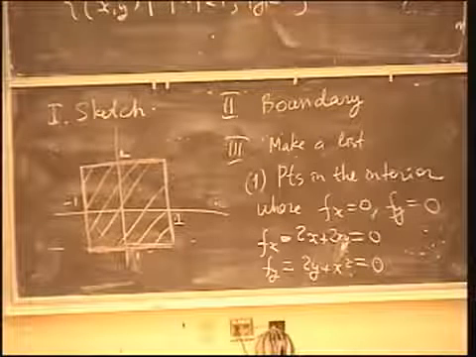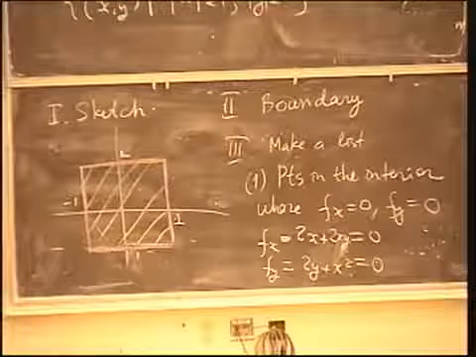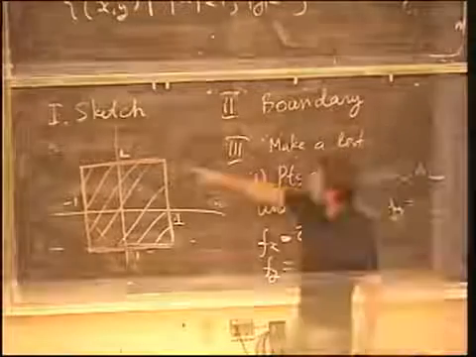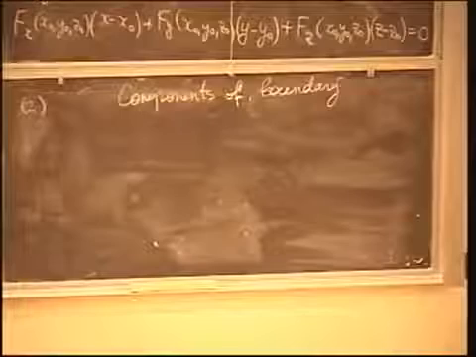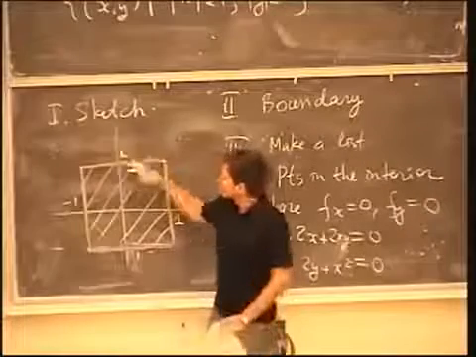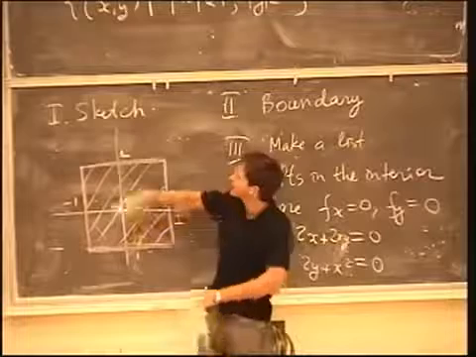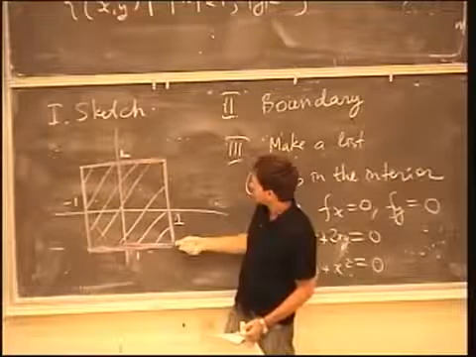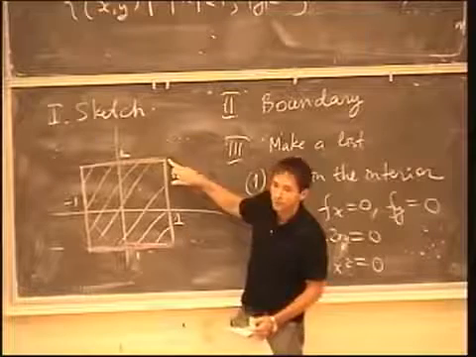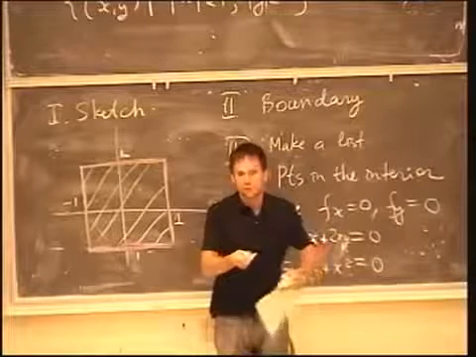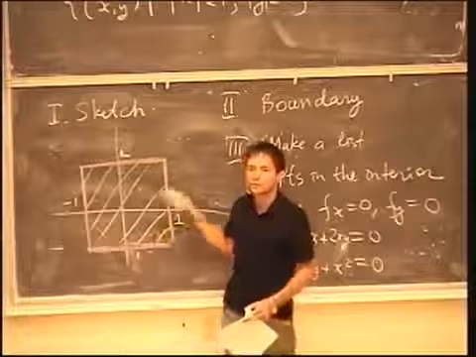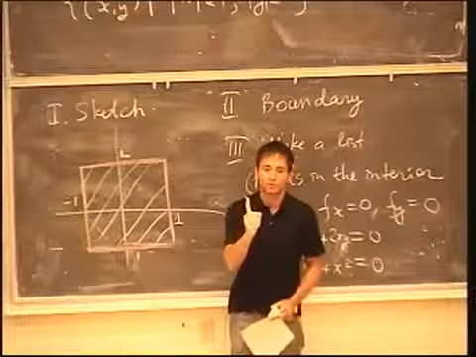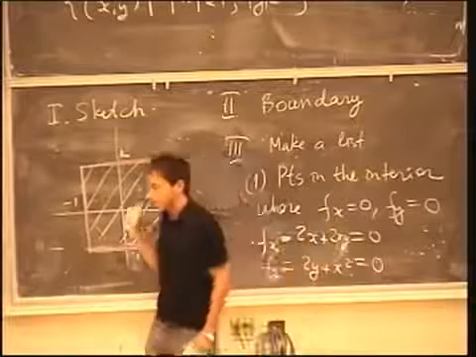Let's just call them components of the boundary. So what I mean by components, I mean these 4 intervals. So break your boundary into pieces which can be represented by a nice equation, like here. Here x is equal to 1 and y is between -1 and 1. So then restrict your function to this component. It will effectively become a function in one variable. Solve the problem for this one variable function. Okay?